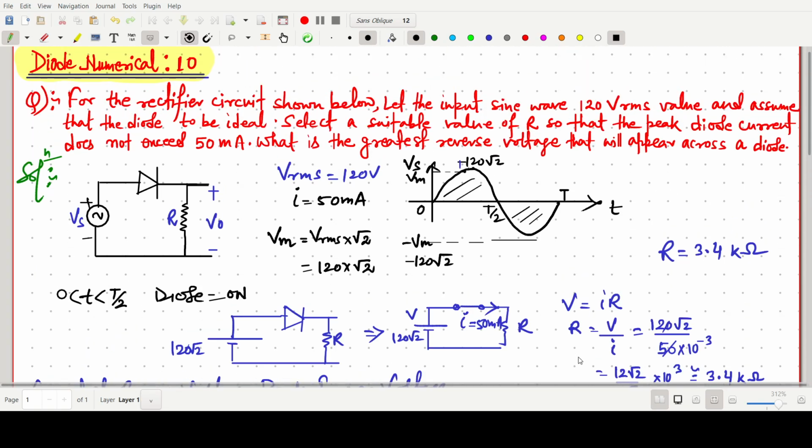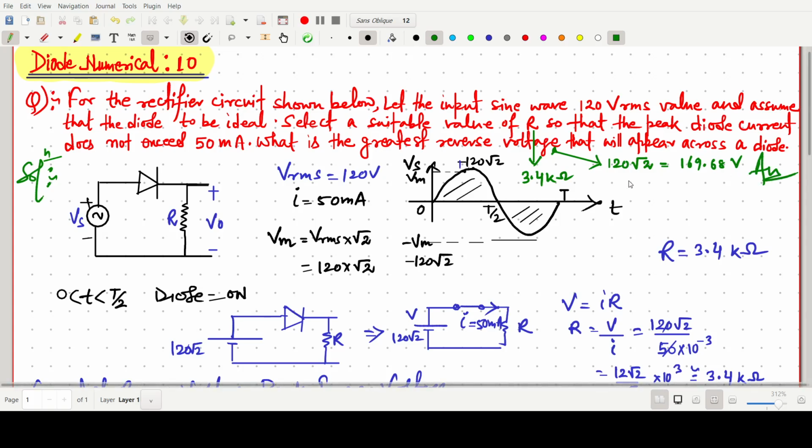So the correct answer for this question: the suitable value of R is 3.4 kilo ohm, and the reverse voltage is around 120 root 2, that is 169.68 volt.